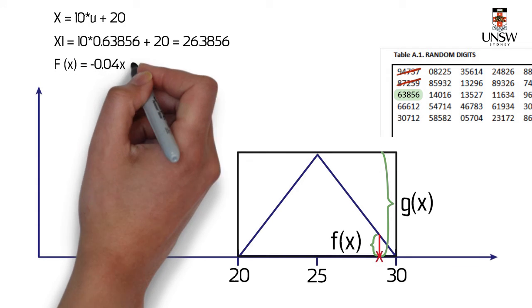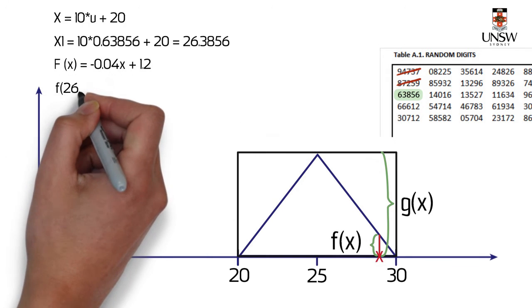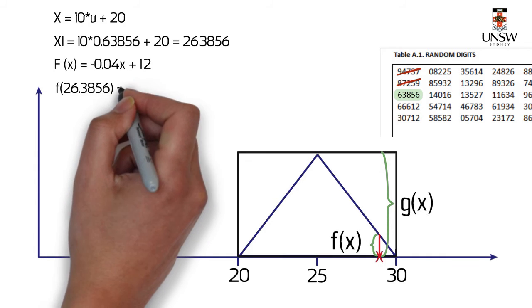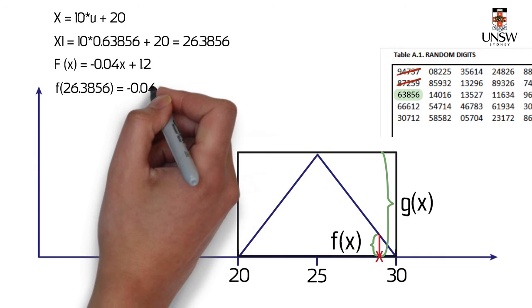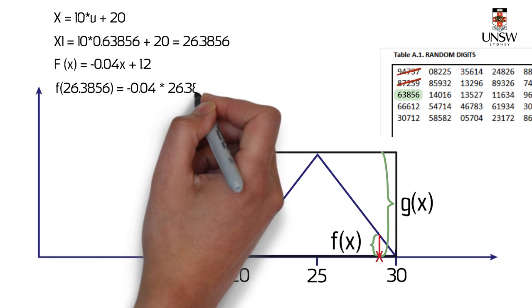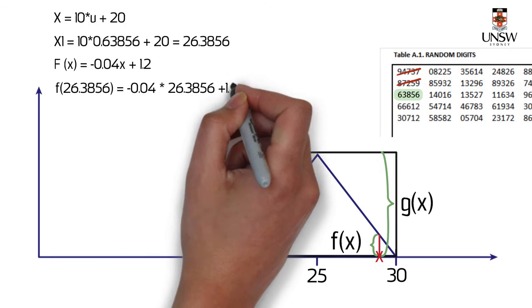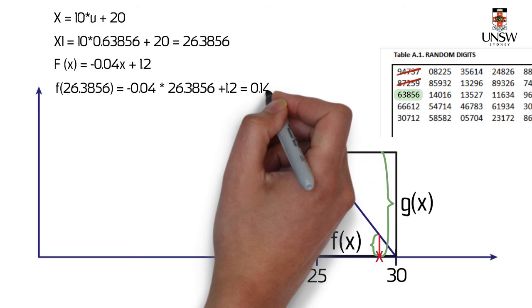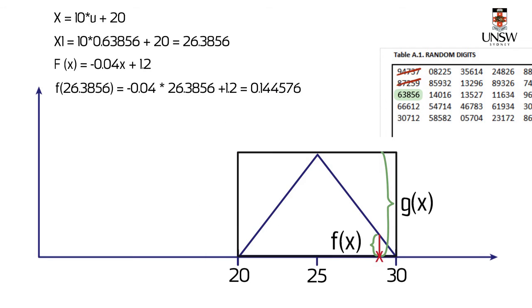Substitute this into f of x, and we get minus 0.04 times 26.3856 plus 1.2 equals 0.144576.